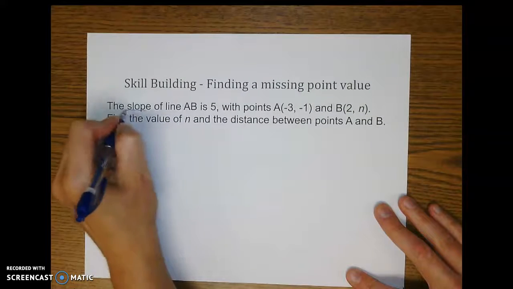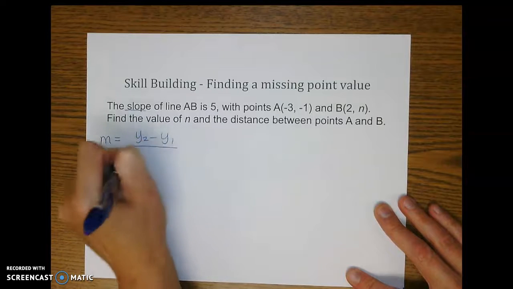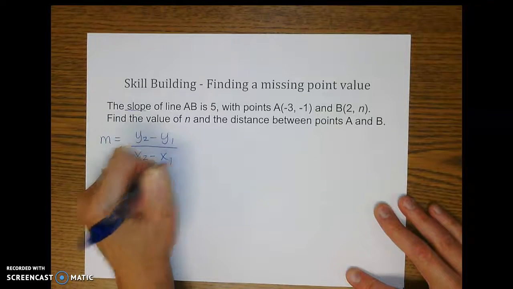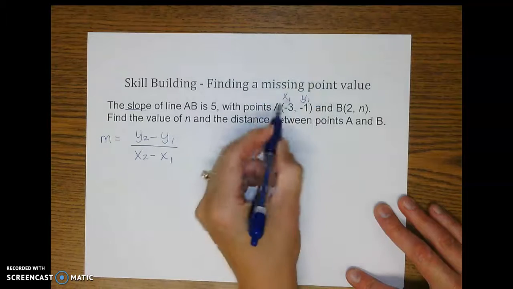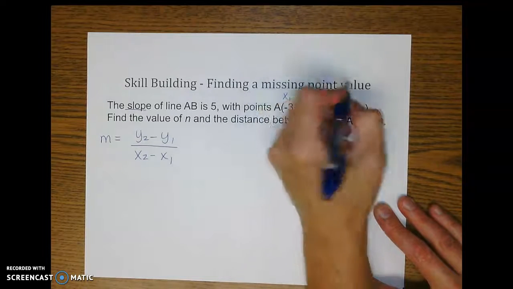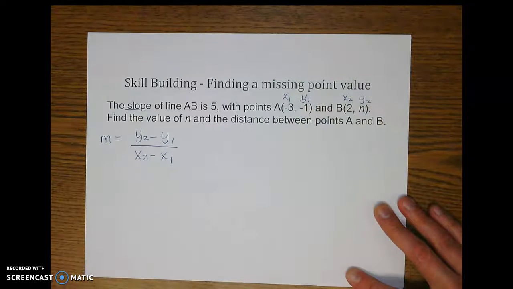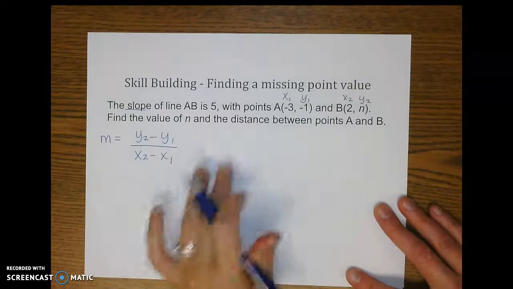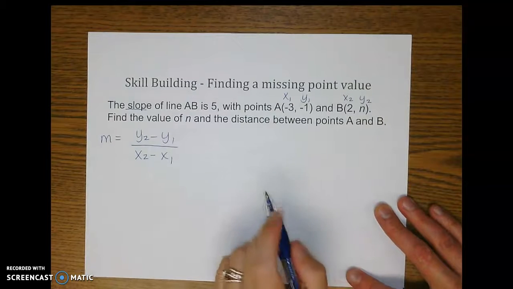So first of all, slope. The formula for slope is m equals y2 minus y1 over x2 minus x1. And I can label these as x1 and y1, meaning x and y in the first ordered pair, and x2 and y2, x and y in the second ordered pair. So all I'm going to do is fill in all of these numbers and variables in their correct spot.